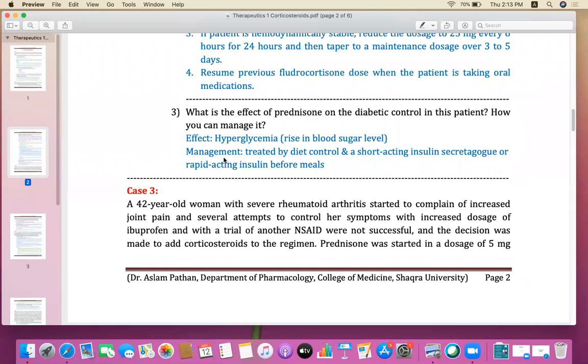How can we manage it? Treat by diet control, and we can use short-acting or rapid-acting insulin before meals. Before meals, it is very important. That's why there is one term: no eat, no treat.